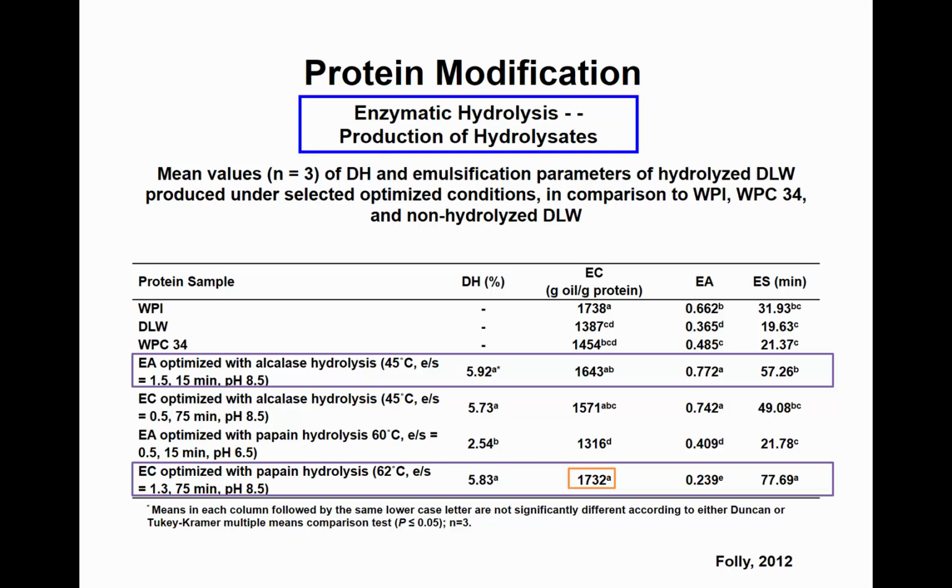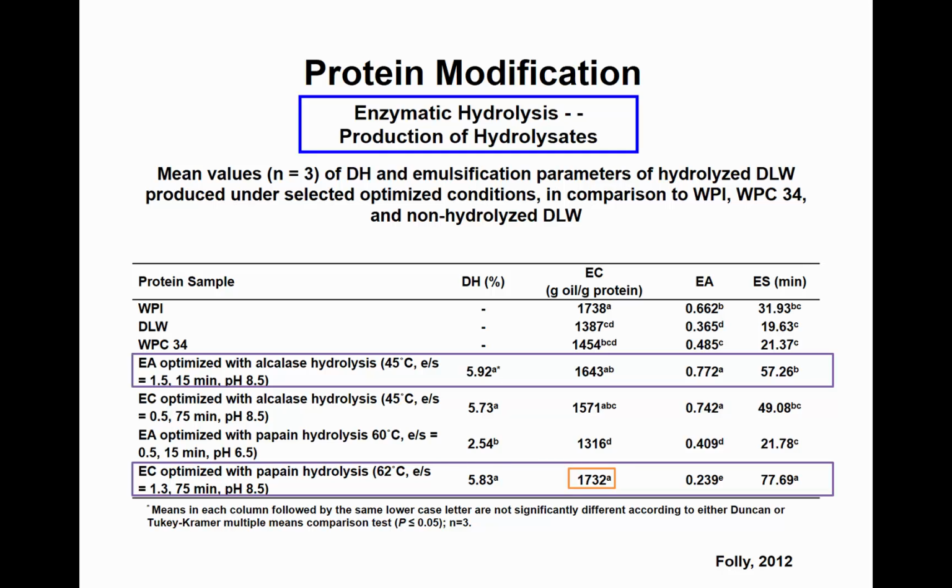If you look at EA, this is optimized for the highest emulsification activity. It has higher emulsification activity even than WPI. And it has higher stability than all of the controls. And the emulsification capacity was comparable to WPI.